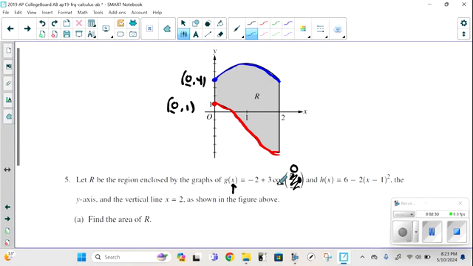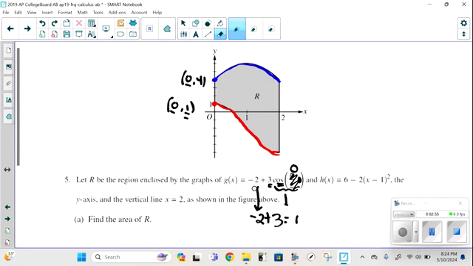What's the cosine of 0? You should know that the cosine of 0 is 1. 3 times 1 is 3, and I have this -2. -2 plus 3 is 1. So when I plug in a 0 to g, the output is 1. So this is my red line. G of x is the red line.